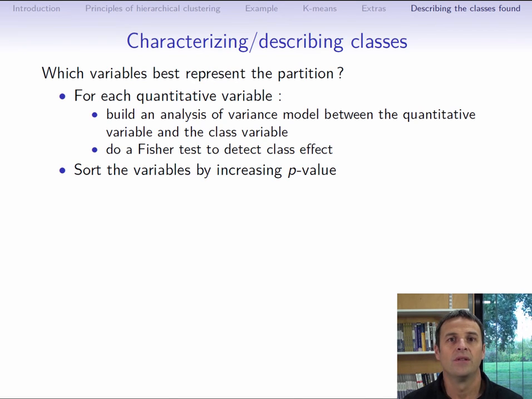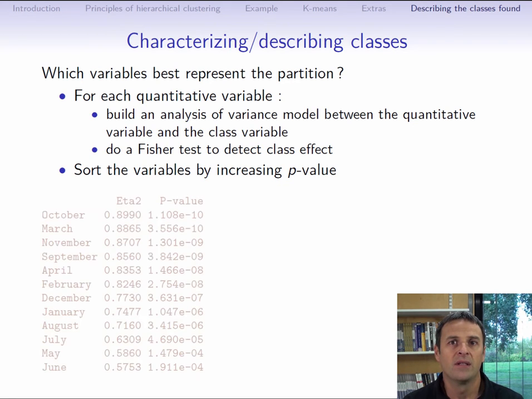In summary, we do an analysis of variance of the quantitative variable as a function of the class variable and run an F-test to see if the class variable has an effect on the quantitative one. One way to proceed is then to keep variables with p-values below 5% and sort them by increasing p-value.